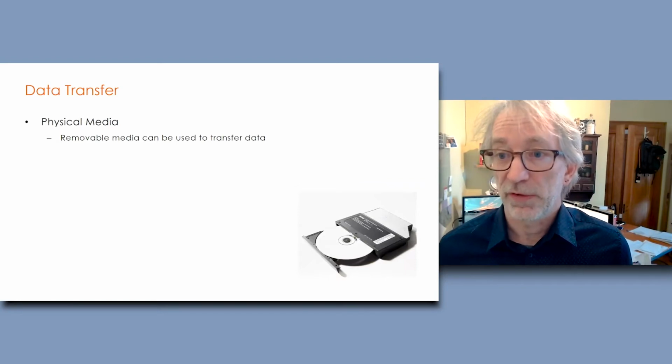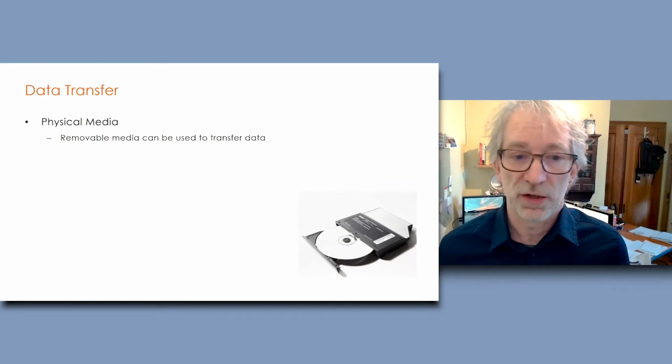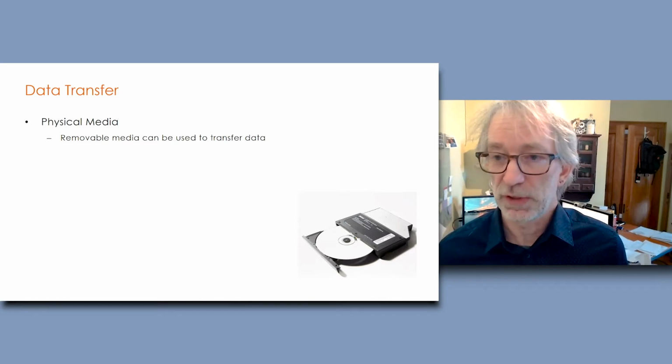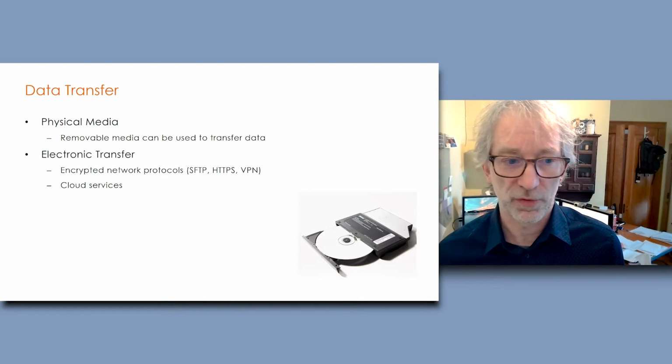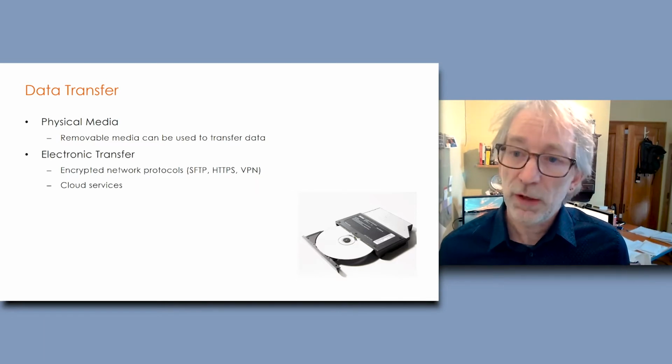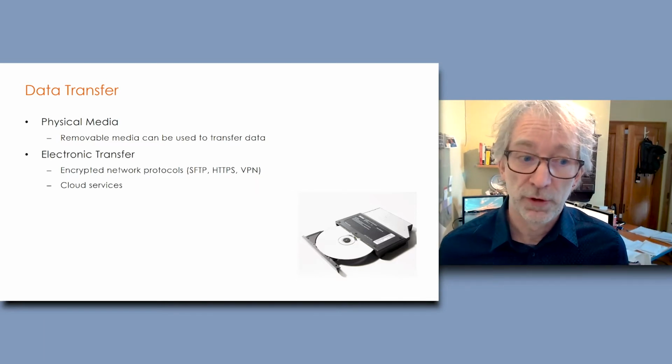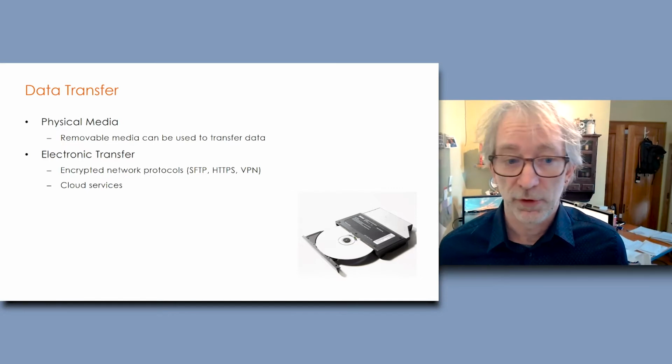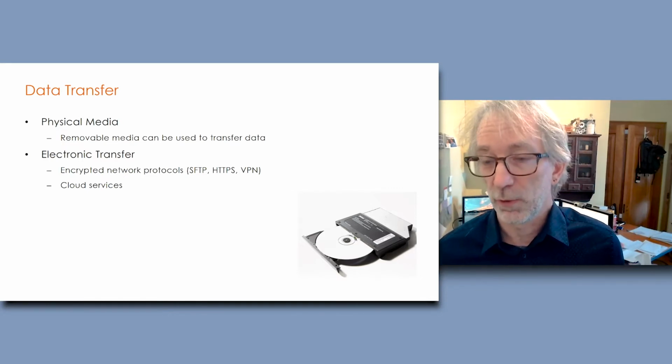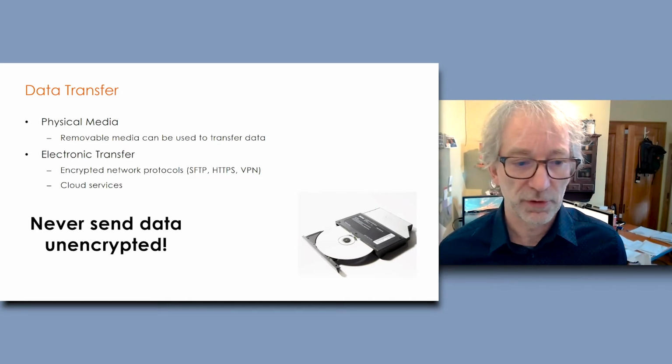In the old days, that might have meant sending around tapes, CDs, USB drives, something of the kind, a removable drive that can be used to send over the data. Nowadays, it's more typical to encounter electronic transfers through encrypted network protocols or the aforementioned cloud services.